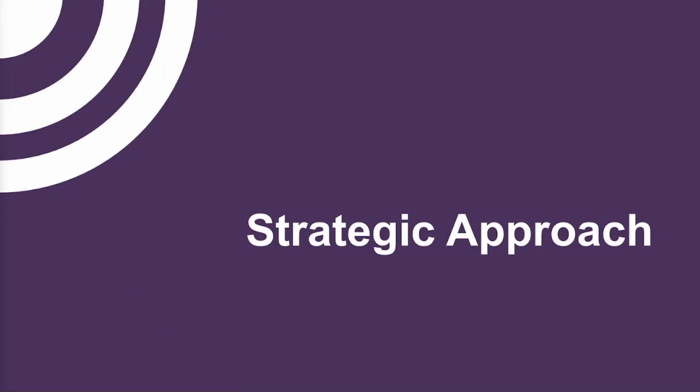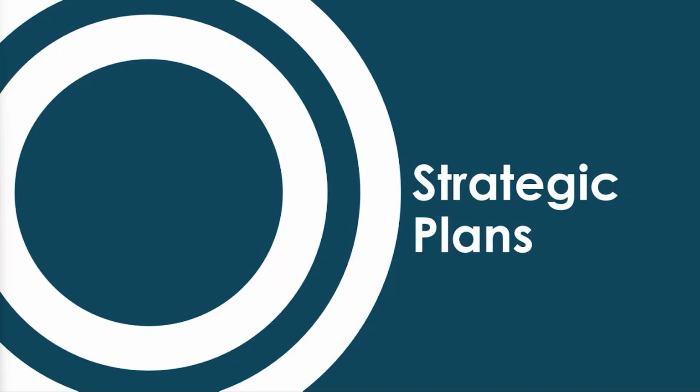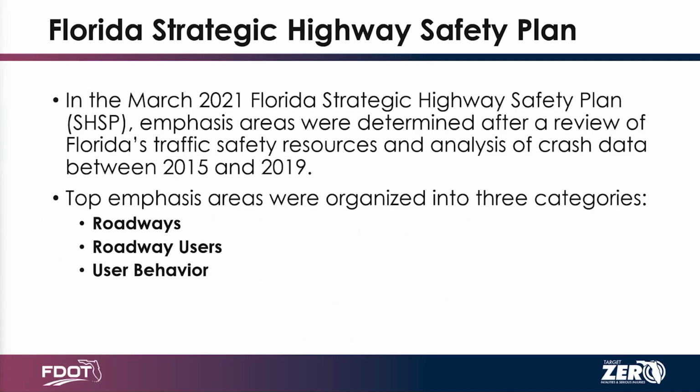So moving on to the Florida strategic approach and specifically our strategic plan. The Florida Strategic Highway Safety Plan was released in March of 2021, and emphasis areas were determined after reviewing the data between 2015 and 2019.